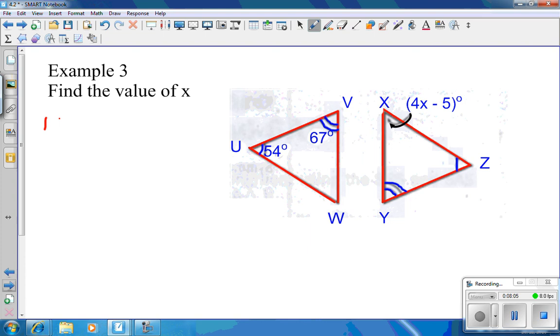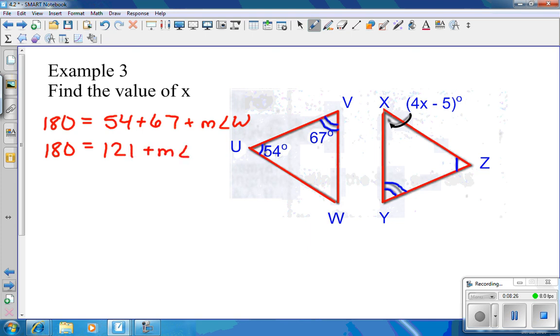So I can do 180 equals 54 plus 67 plus whatever the measure of angle W is. All right, so can I add 54 and 67? You get what? 121 plus the measure of angle W.